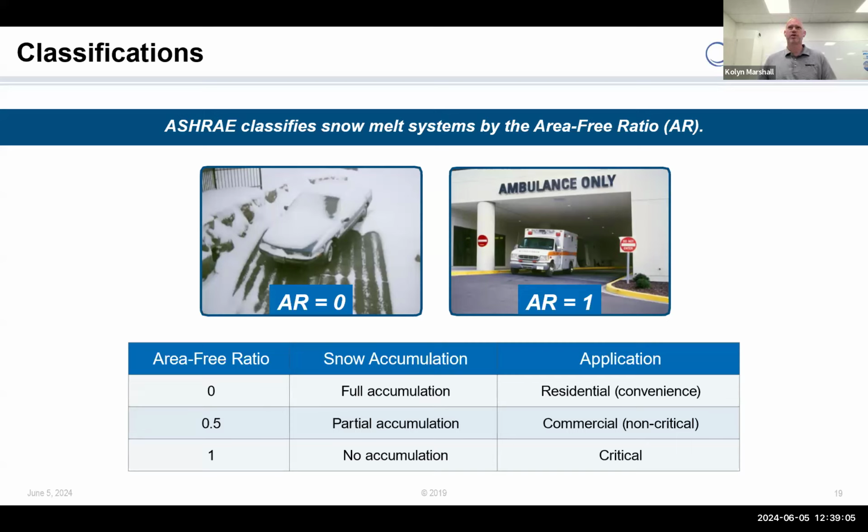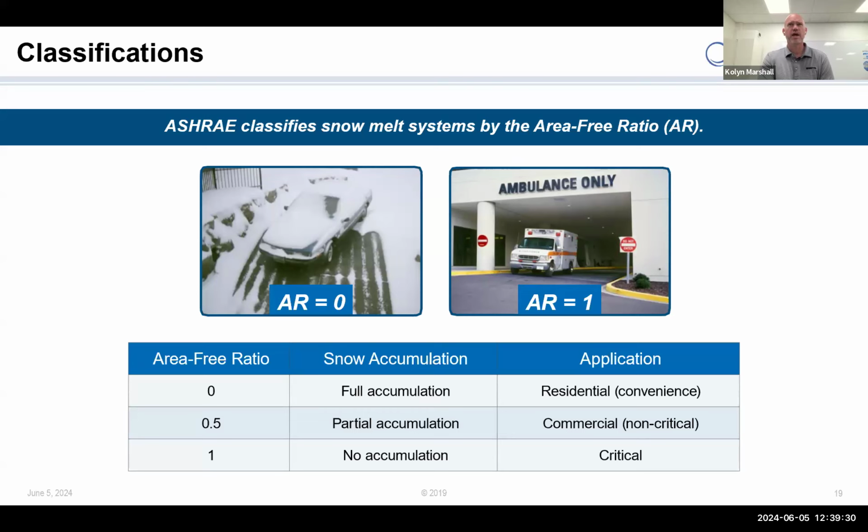These are things that we're going to use for the emergency ramps, the hospital access areas, maybe geriatrics facilities where it's critical that there's no risk of slippage. That'll be a class 3. They will typically have the highest BTU loads and the quickest response of a system from start to finish.